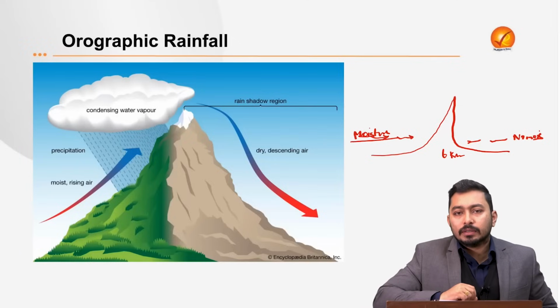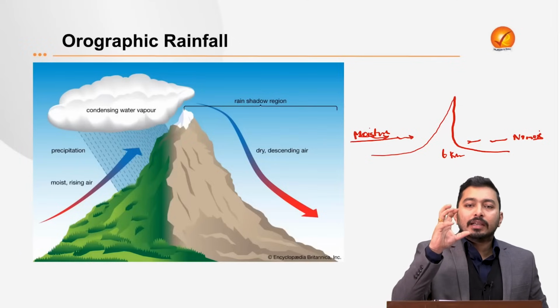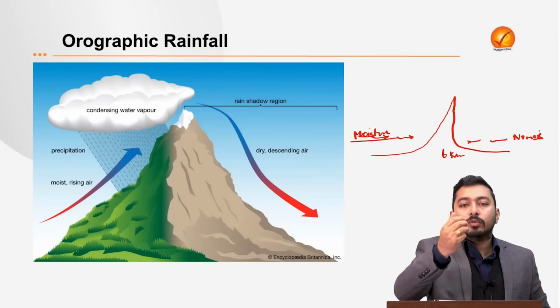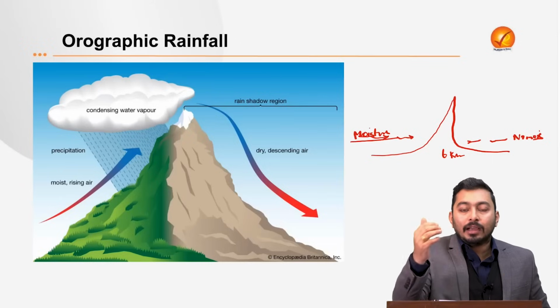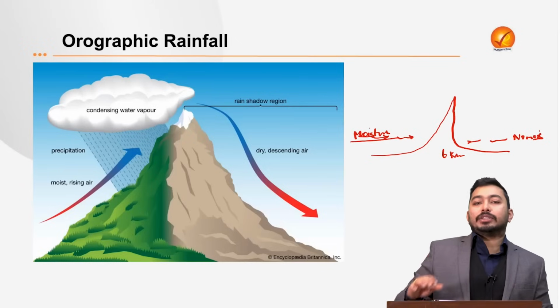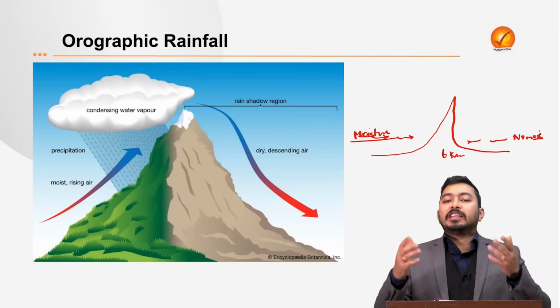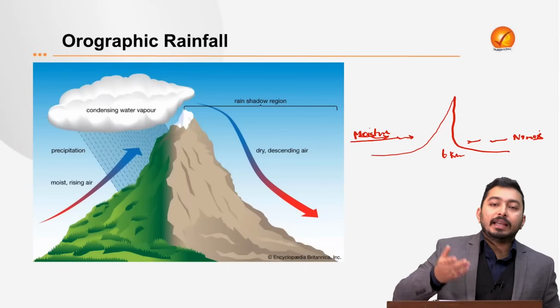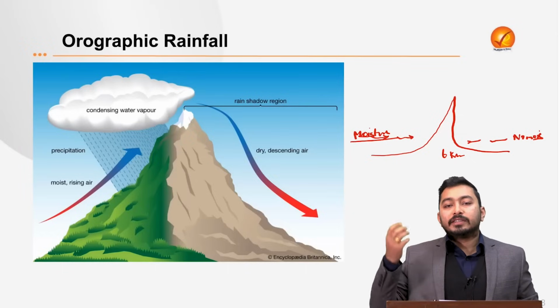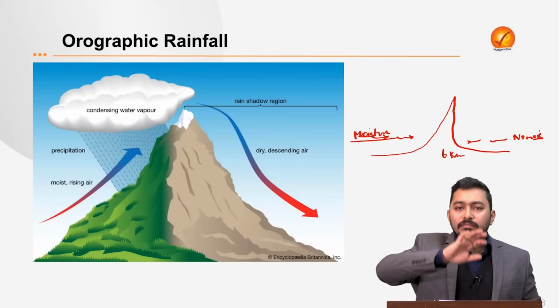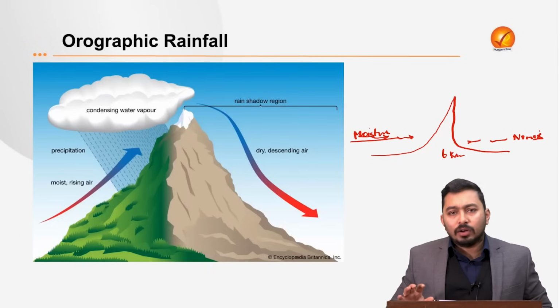So what will happen? This will lead to a change of state from water vapor to liquid. And this will trigger what? This will trigger precipitation. Now the form of precipitation can be snow, it can be hail, it can be simple rain droplets, right? So different forms of precipitation. In that direction we will not go.